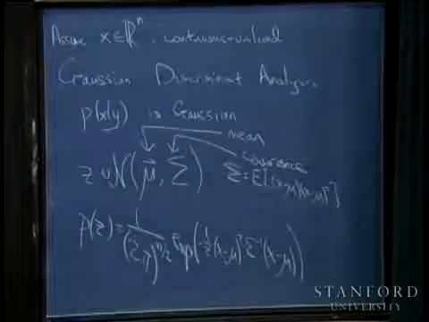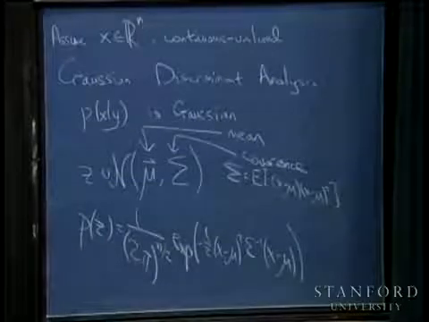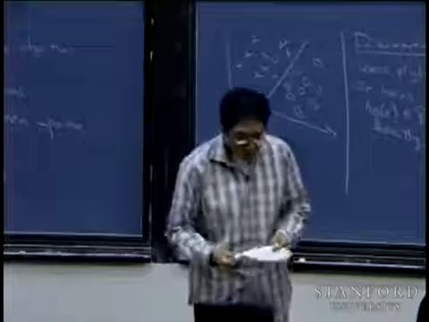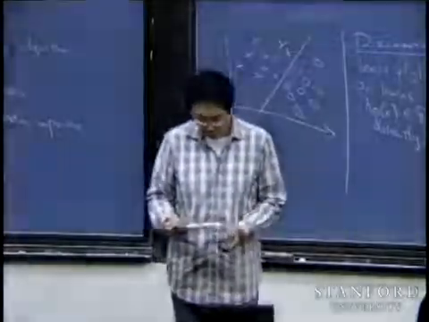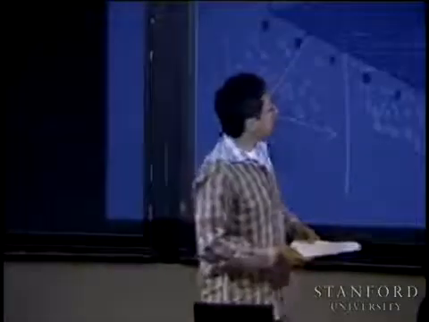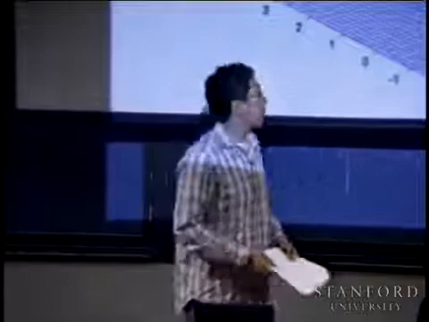Let me go ahead and show you graphically the effect of varying the parameters of a Gaussian. What I have up here is the density of a zero mean Gaussian with covariance matrix equal to the identity.